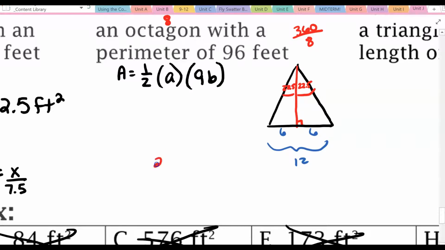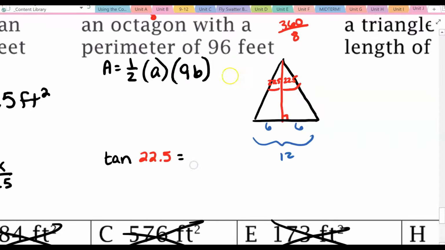From 22.5's point of view, we're going to do tangent of that angle is equal to the opposite 6 over the adjacent apothem that we're looking for. So I do my cross multiplication.